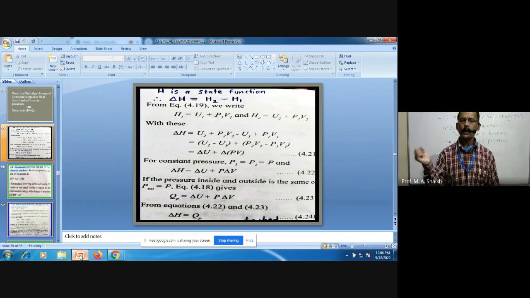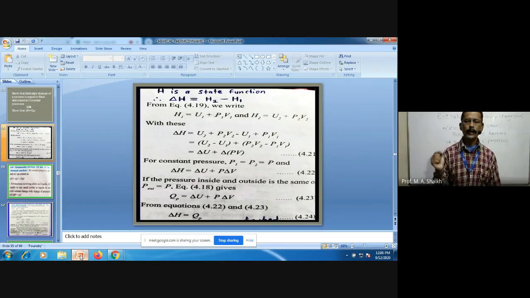We can take P common from the two terms. We have to write V2 minus V1. But what is V2 minus V1? V2 minus V1 is delta V.